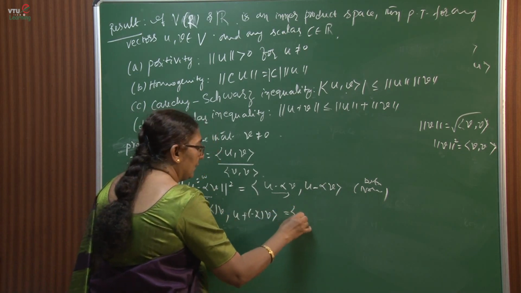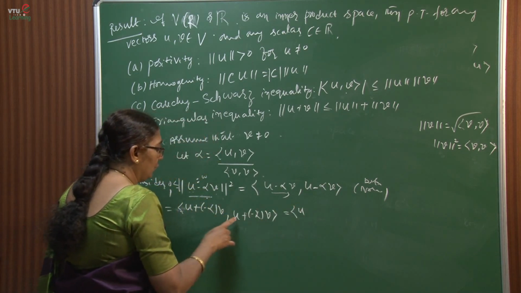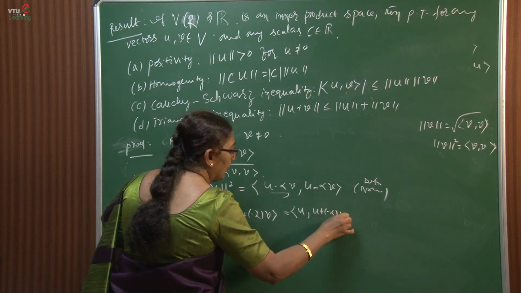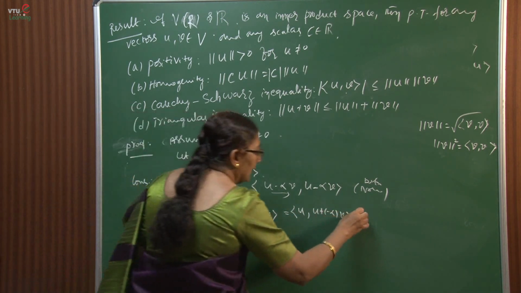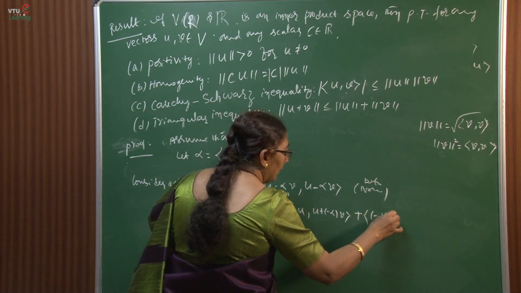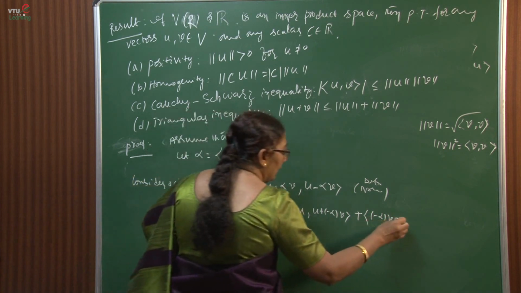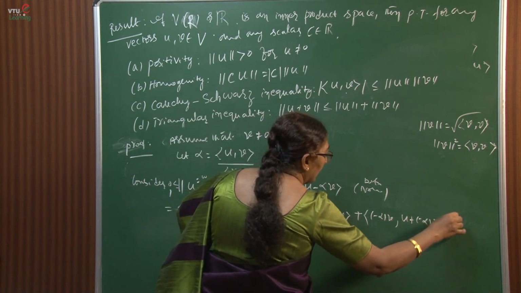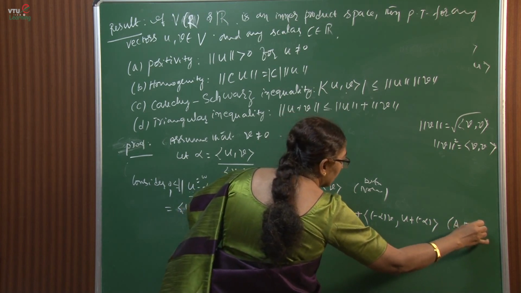What we get is the inner product of u comma u plus minus alpha v, plus the inner product of minus alpha v comma u plus minus alpha v. This is for additivity of the first slot.